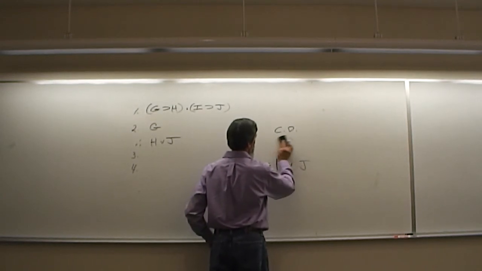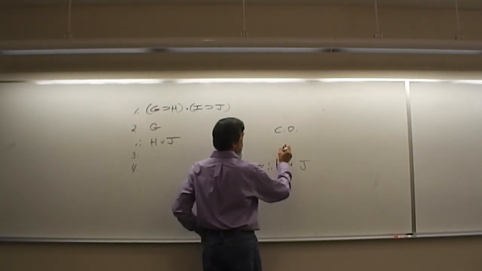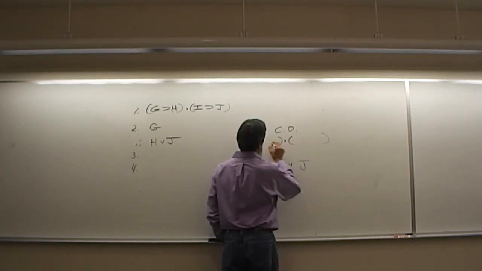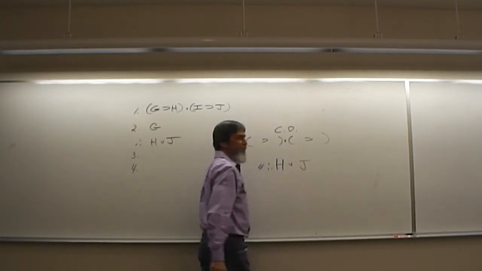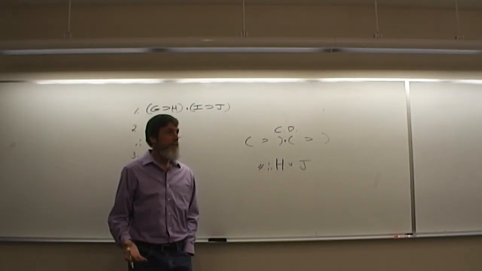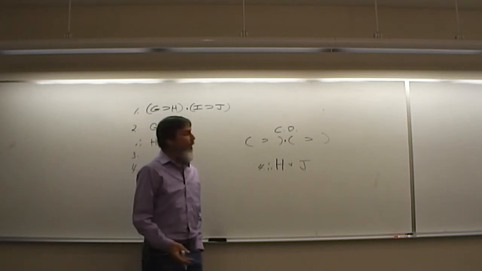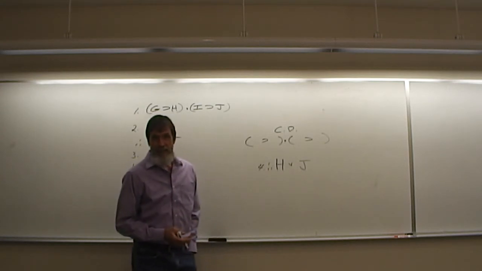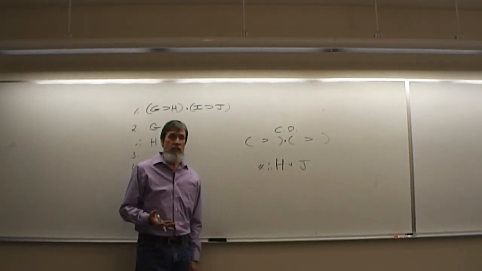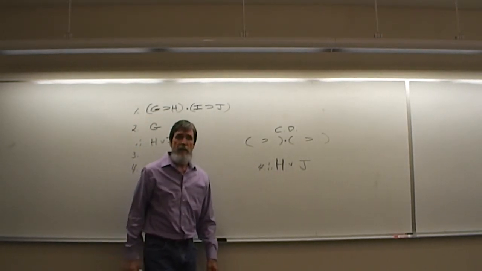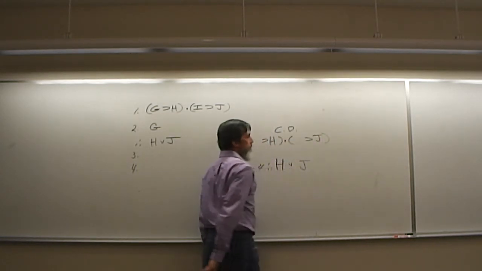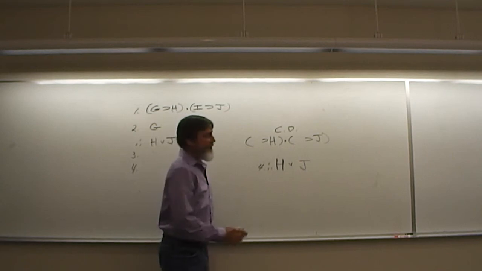For example, I know that my first premise has to be a conjunction of two horseshoes. We know that, right? And we know that the consequents of those horseshoes are the disjuncts of the conclusion. You know that by looking at the argument form. You know your second premise has to be a wedge.